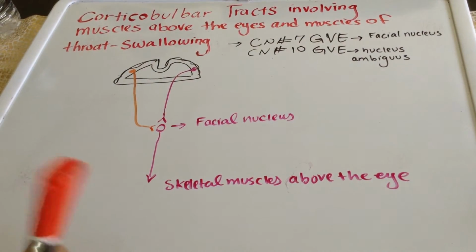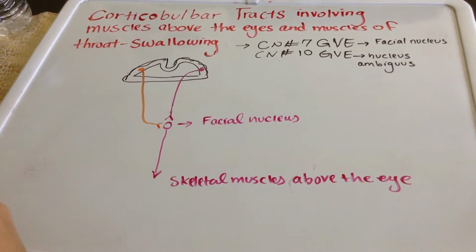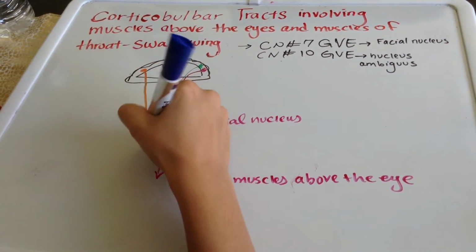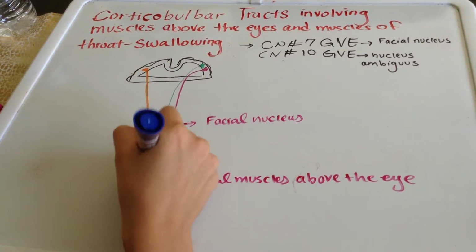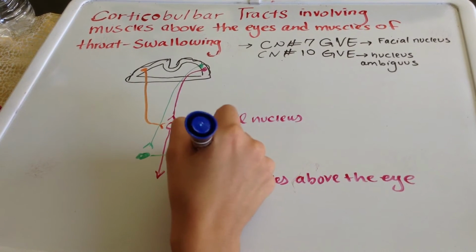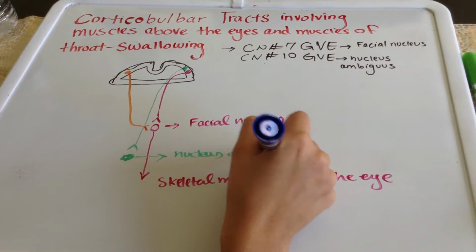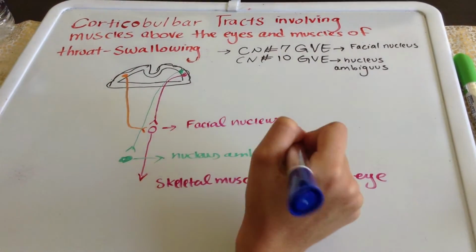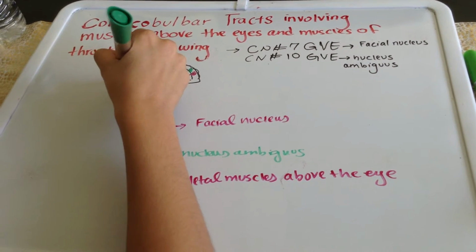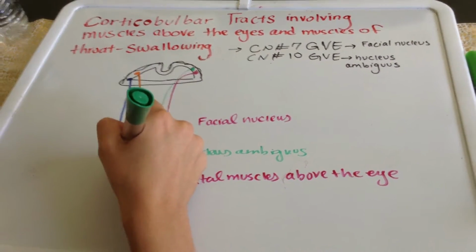Okay, and you can have another one that will go down, and it will synapse with the nucleus ambiguus of the vagus. And the same, this one will also send its signal and synapse with it.